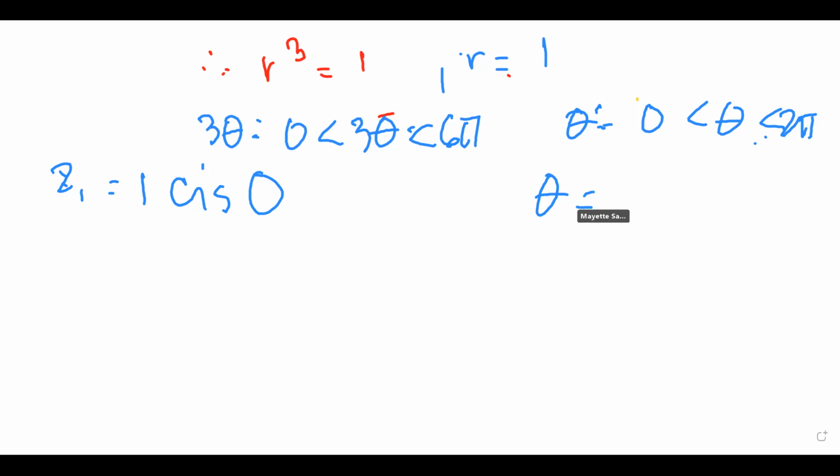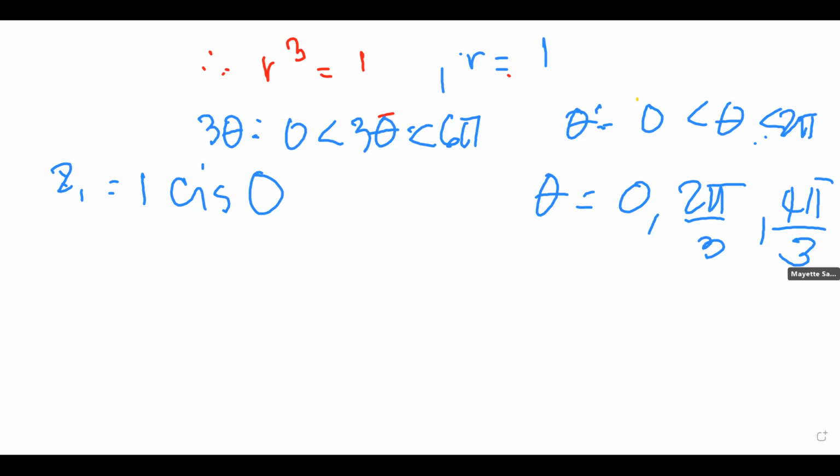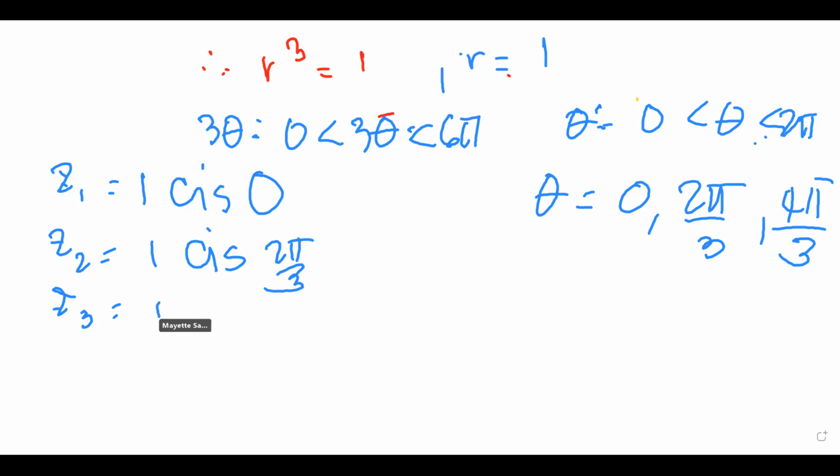Theta will be 0 divided by 3, and then 2 pi divided by 3, and then 4 pi divided by 3, because 3 theta is 0, 2 pi, and then 4 pi. So Z1 is CIS 0, Z2 is 1 CIS 2 pi over 3, and Z3 is equal to 1 CIS 4 pi over 3.